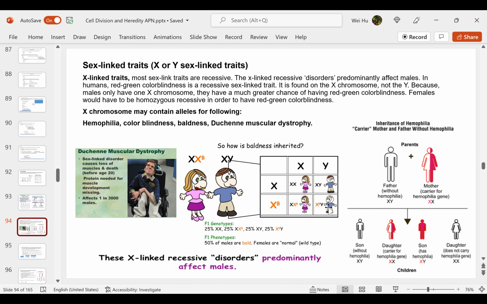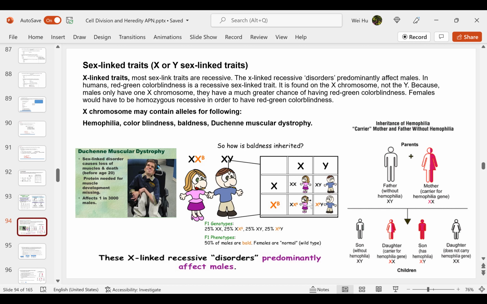Why does this one show the disease? Because X and Y are different chromosomes, completely different. They carry different genes. The X cannot cover Y, and Y cannot cover X. So even if you only have one disease gene on X, it will show up because nothing will dominate it.